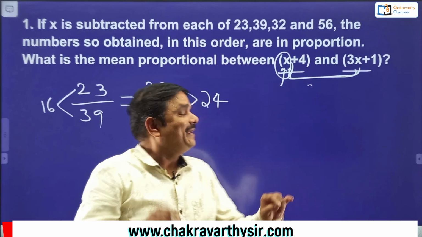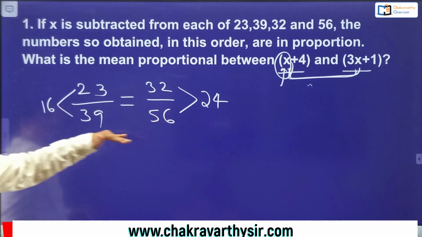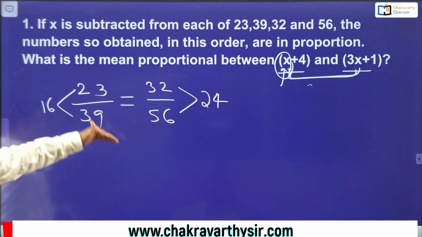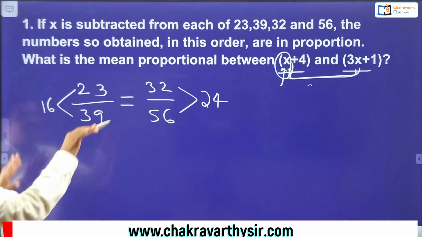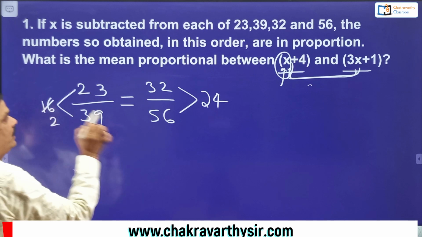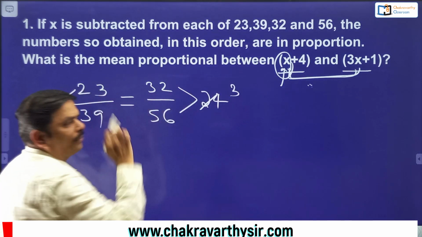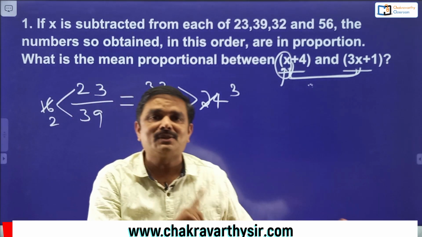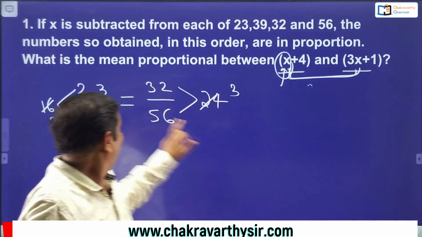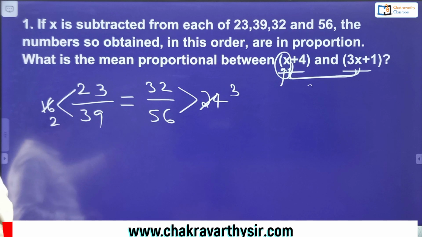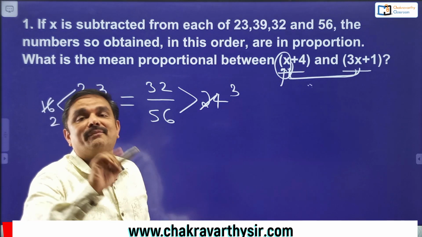Got the idea? But here 16 and 24 I can make simplified. I can go for the least ratio, least value. 8 twos are 16, 8 threes are 24. Nothing is going to be changed because I am just dividing with the same number. Second step. First step, this one. Second step, taking the difference.